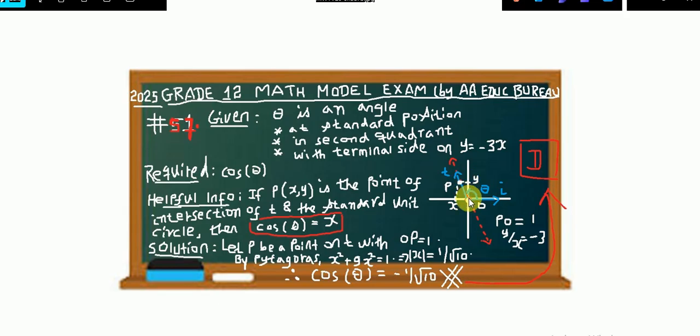Take PO as hypotenuse, XO as one side, and XP or just Y as another side.